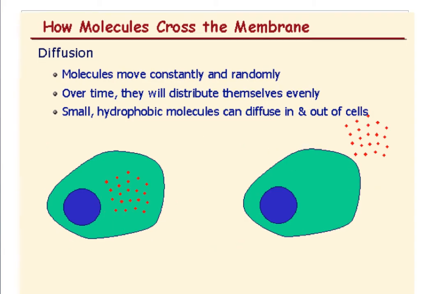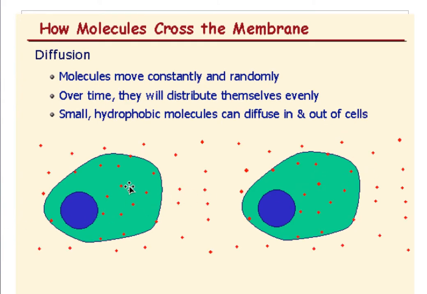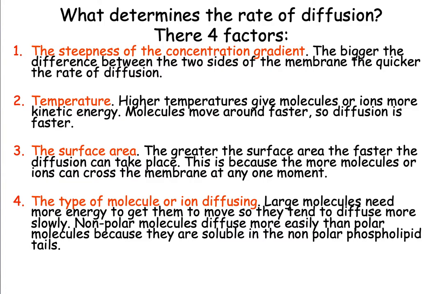So you can see in this slide the molecules are here. If this is the inside of the cell and this is the outside, in the outside of the cell the molecules are here and nothing here, but after a while you can see the molecules are evenly distributed both inside and outside the cell. So this process is called diffusion.